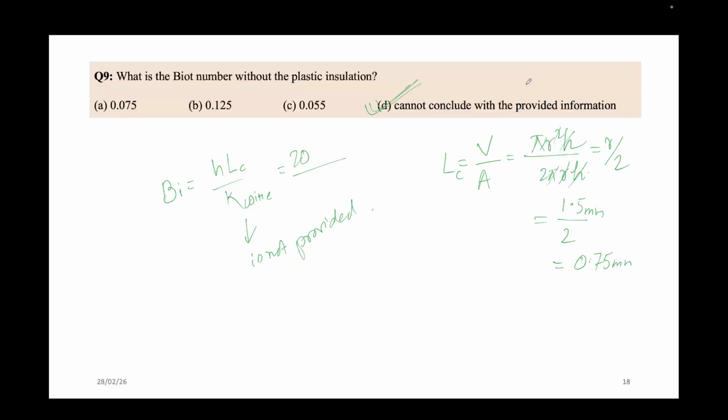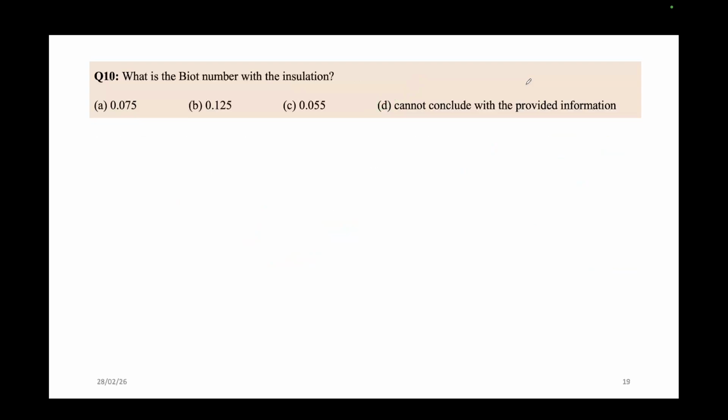So, one last similar question, and after that we will discuss a little bit about this h. This is with insulation. So again this is the same, h Lc by k, but this time the k should be that of the plastic insulation, right? So h is 20, we already know.